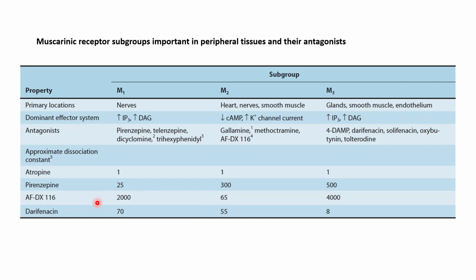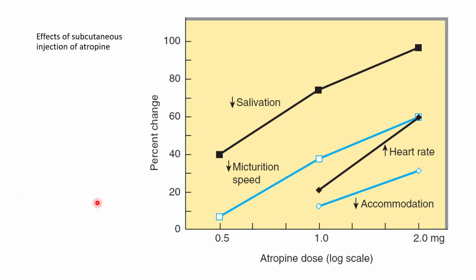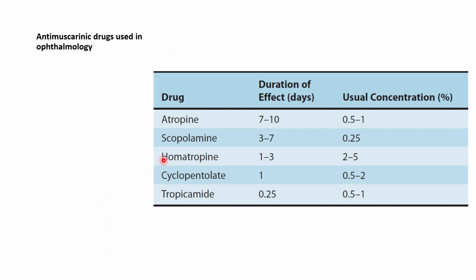So usually cyclopentolate and tropicamide are used because of their short action, and tropicamide is usually preferred as the most short acting, so the patients can find their way home themselves.